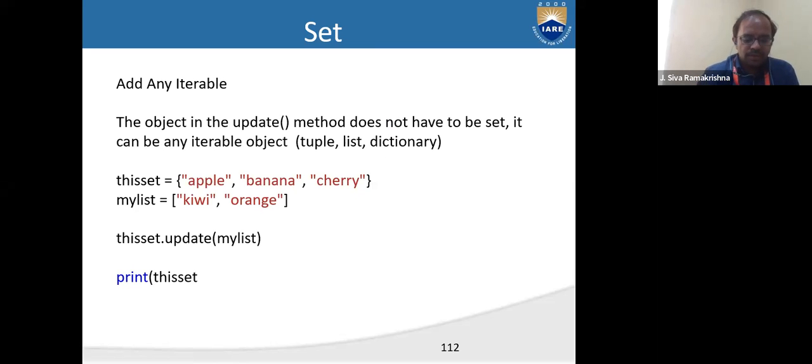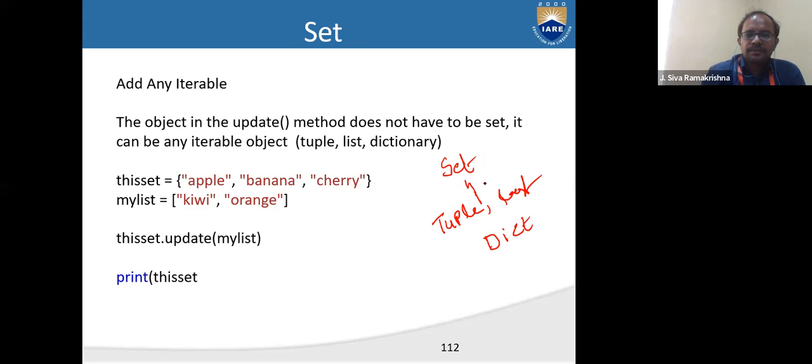So what we are going to do, we are going to combine the elements of one set and the items present in the tuple, list, or dictionary into this set.